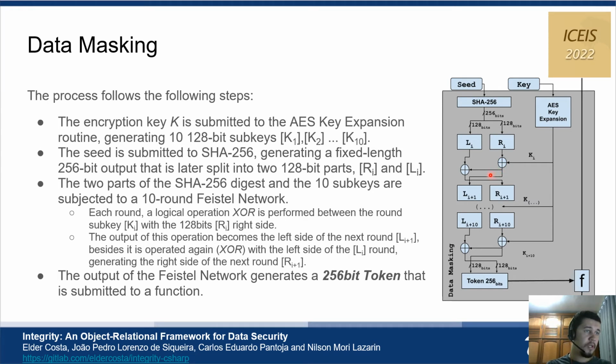This output performs an XOR with the left side, and now the left side becomes the new right side. Here too, the right side, after the XOR performed with the first key and subkeys, becomes our new left side. This will continue until we have a token of 256 bits. This token is submitted to a function.